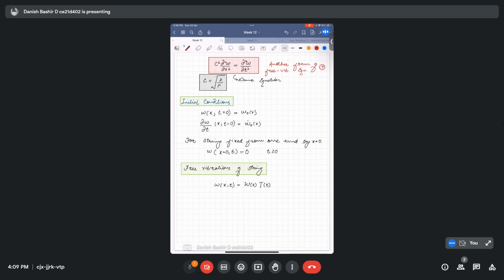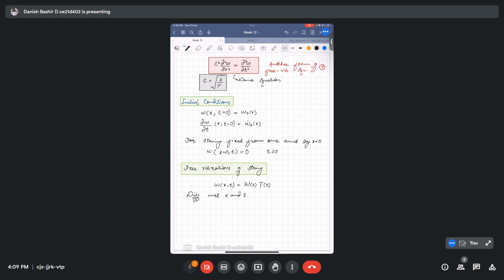In equation 7 we need ∂²w/∂x² and ∂²w/∂t². So we will differentiate with respect to x and t twice.